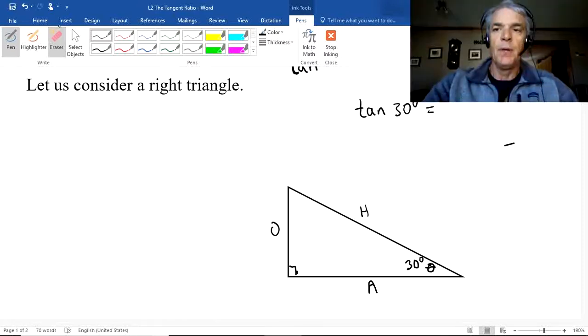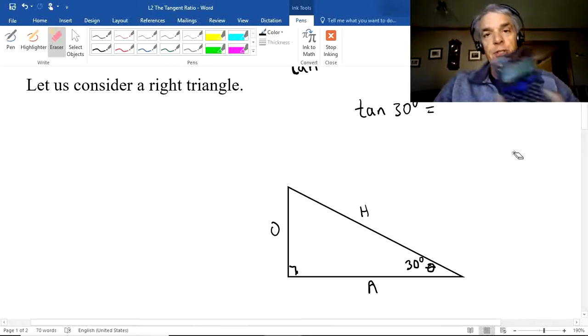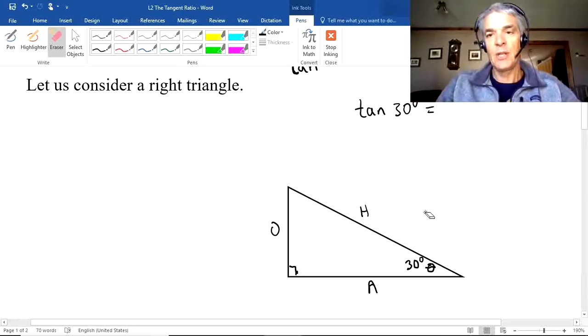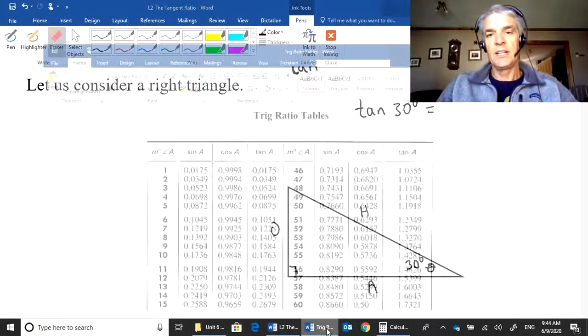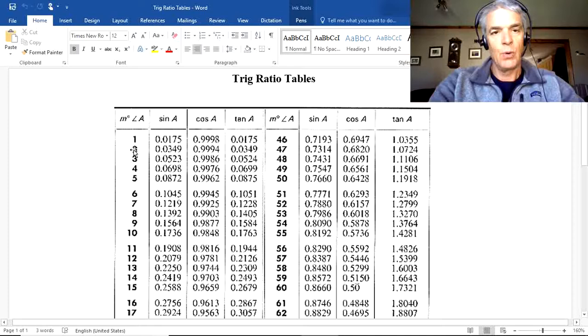Now what that value is can be looked up off of a table, or you can use your scientific calculator. Nowadays, kids really use a scientific calculator, but I also like to show kids that it can be done from a table as well. So here's an example of a set of tables. Here's the angle, and here's our angle increasing, because we could have a triangle with 1 degree, and we can go all the way up and keep going.